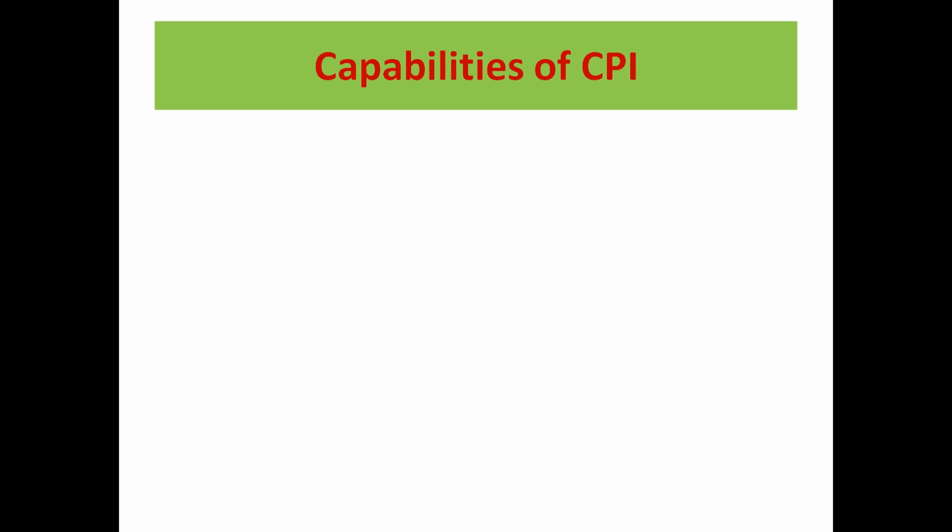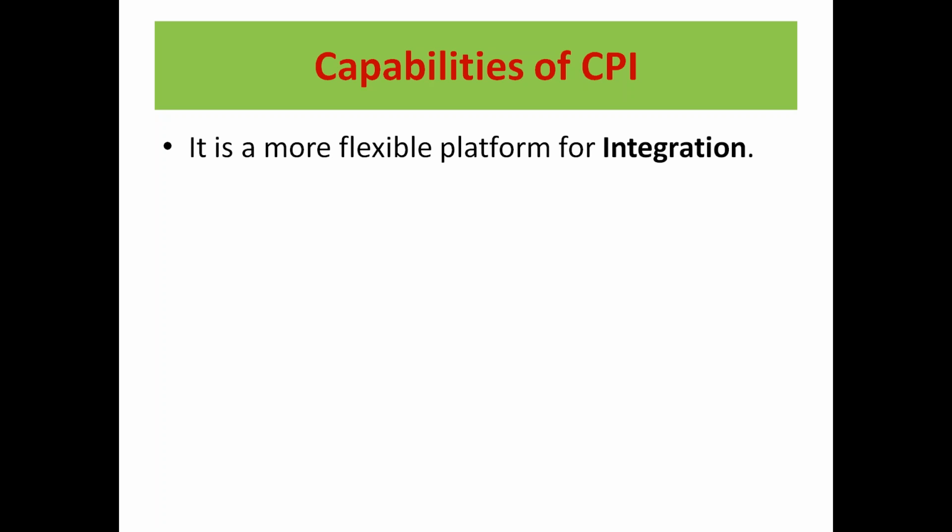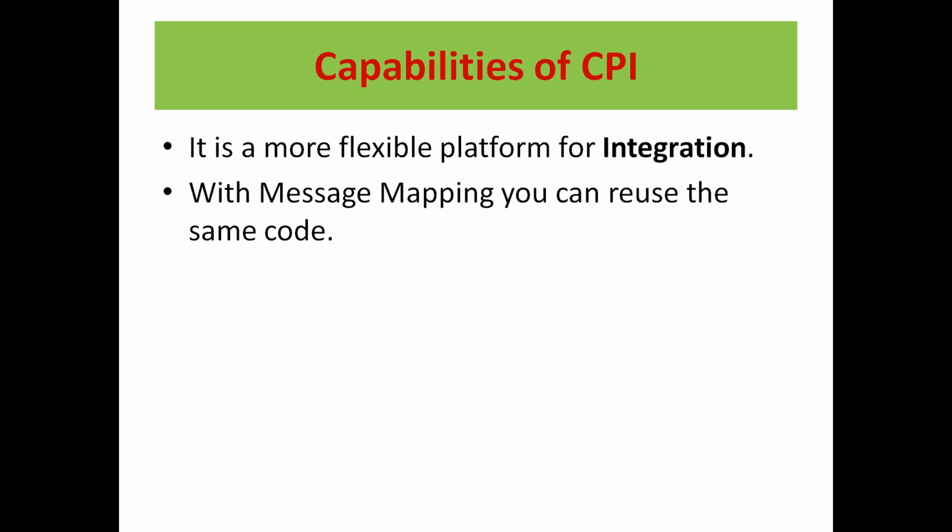So what are the key capabilities of SAP CPI? SAP CPI is a flexible platform for integration. This tool is in very good demand. It is the most preferred integration tool to integrate on-premise as well as cloud-based applications.